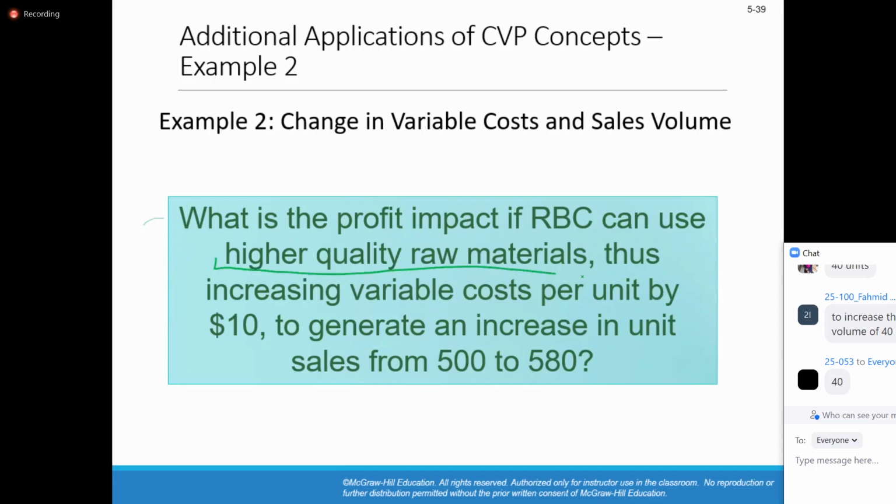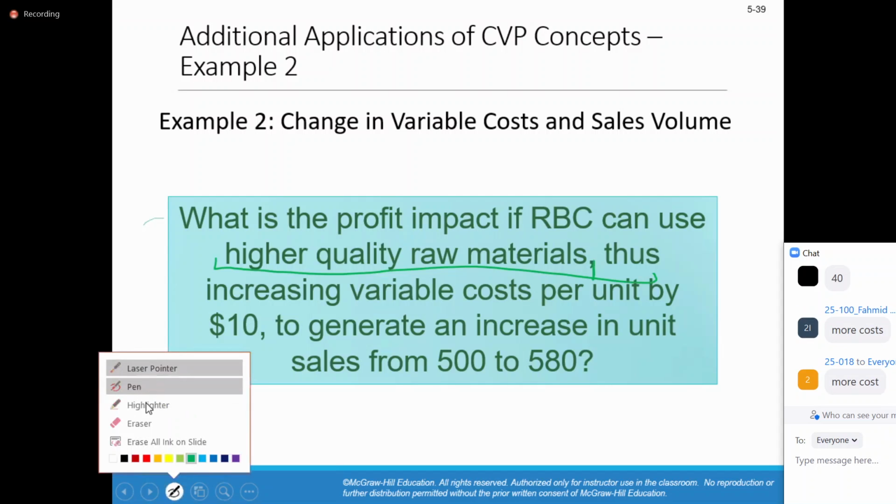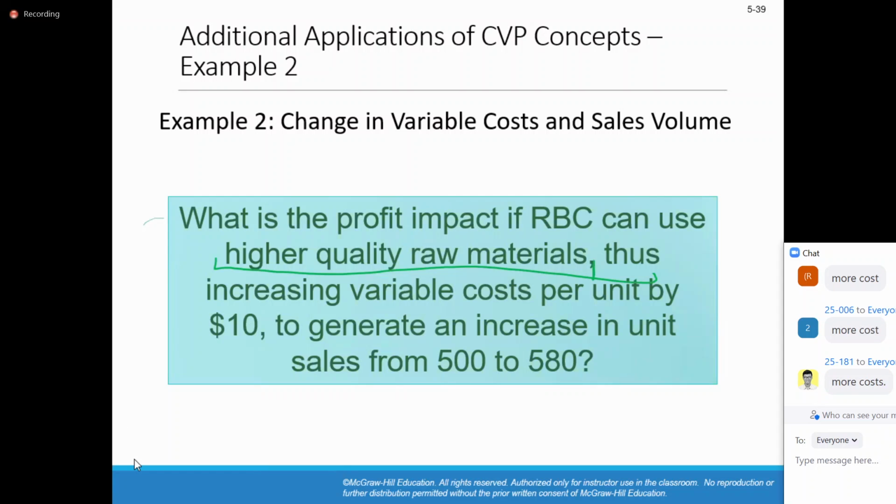Higher quality raw materials. If it is your purpose, when you are thinking of higher quality raw material, you should be prepared to incur more cost. Variable cost. If you think of higher quality material, more cost, and it should be a variable cost because the cost of raw materials can be directly attributed to the product we are thinking of.